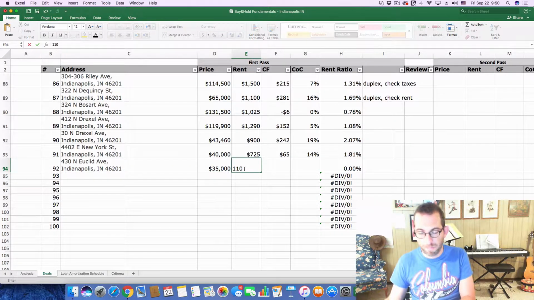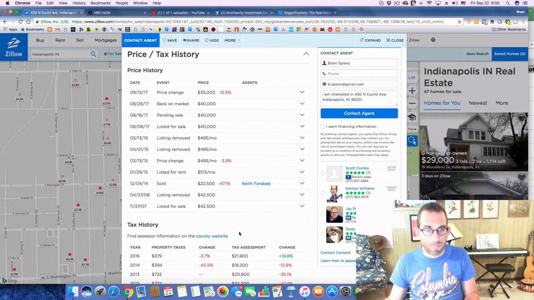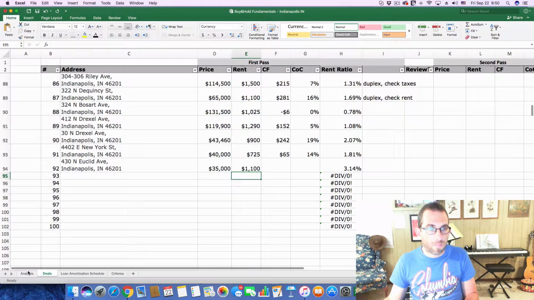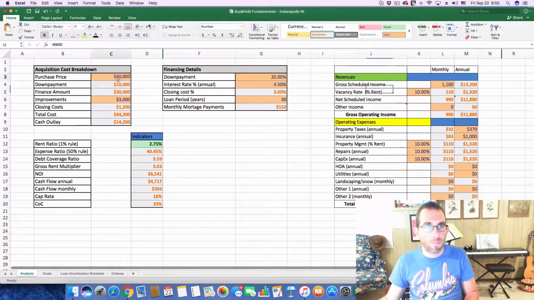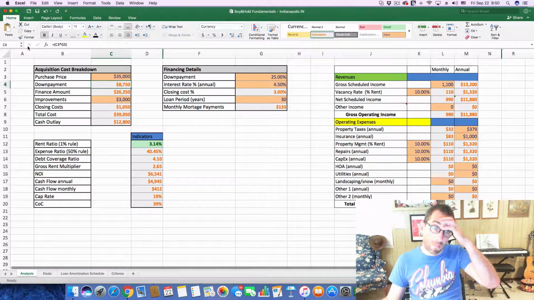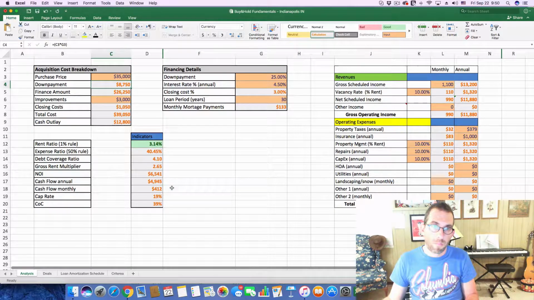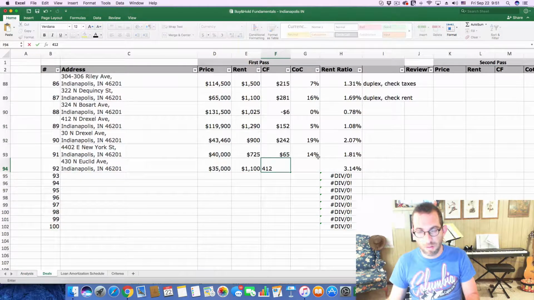But taxes. Okay. Always be suspicious of cash on cash returns that are this high.